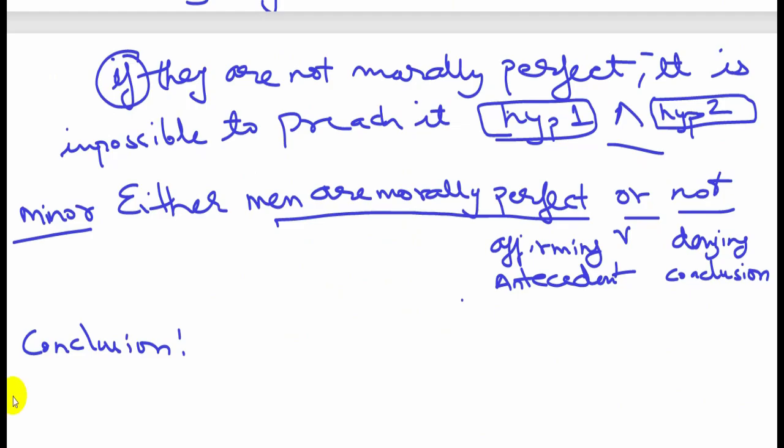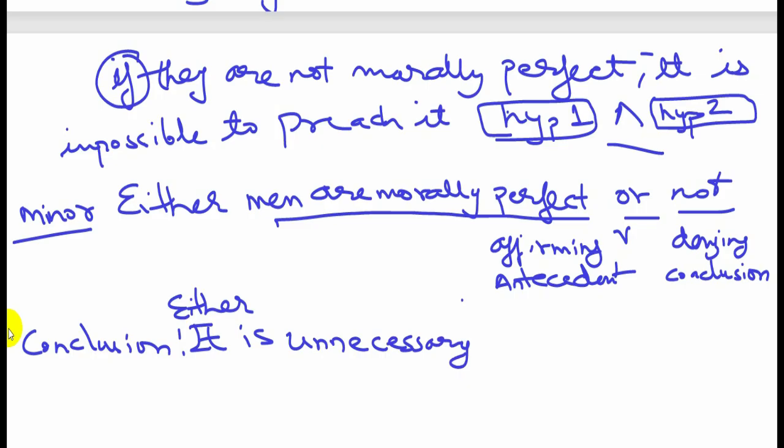Conclusion will be: either it is unnecessary to preach socialism or it is impossible to preach it.